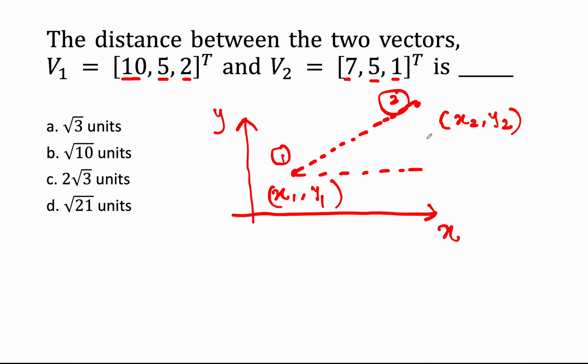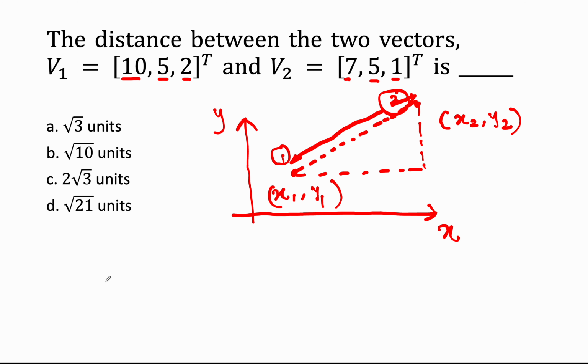We can use the Pythagoras theorem and find out the length of the line, let's say from 1 to 2, which is the hypotenuse.